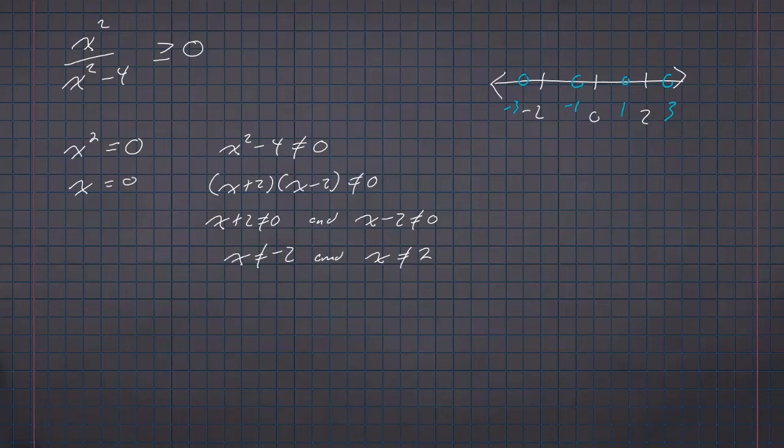I get that when you plug in x equals negative 3, this comes out true. When you plug in x equals negative 1, this comes out false. When you plug in x equals positive 1, this comes out false. When you plug in x equals positive 3, this comes out true again.